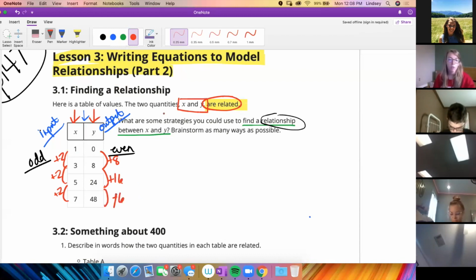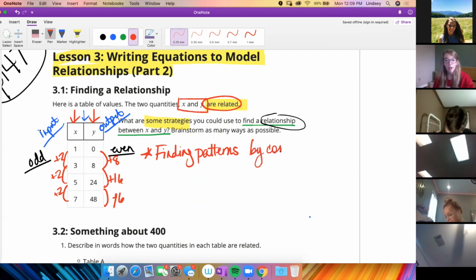Right here it asks us, what are some strategies? Some strategies that we could use are finding patterns by comparing the x and y values. But when we do that, did we find the same pattern?